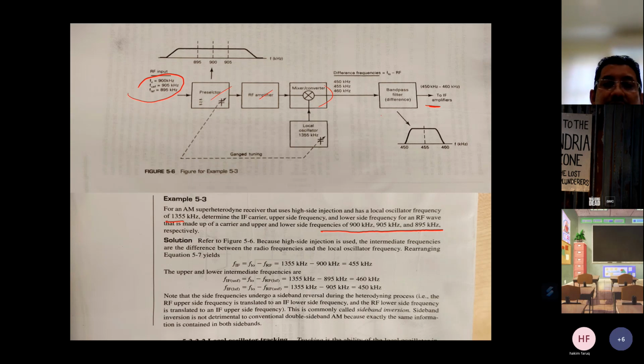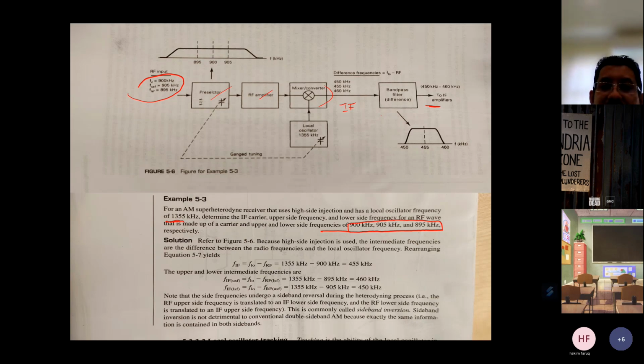Konsepnya sama. So now the question asks you how much is the IF frequencies yang terhasil daripada keluaran mixer converter. Okay, so since ini adalah up conversion, that means FLO lebih besar daripada senarai frekuensi ini. So dia adalah up conversion.